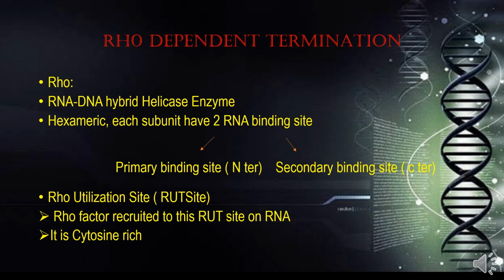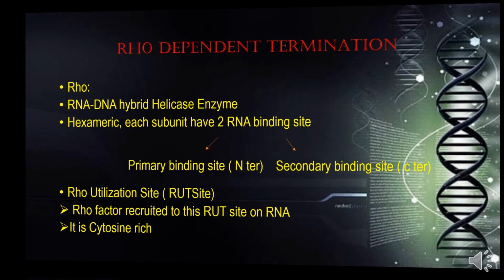One primary binding site is located on the N-terminal and the secondary binding site is located on the C-terminal. Then comes the term rho utilization site or RUT site. The RUT site is a specific site on which rho factor is recruited. It is a cytosine-rich site.